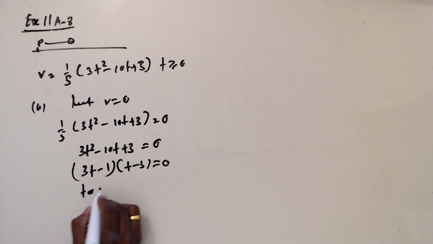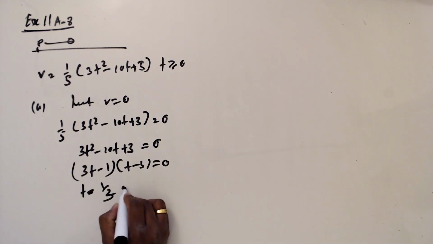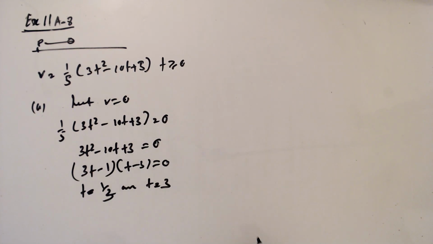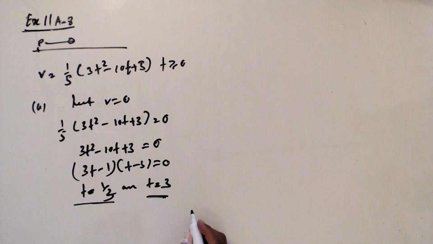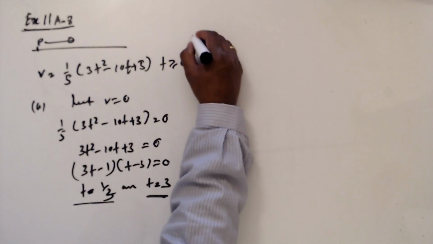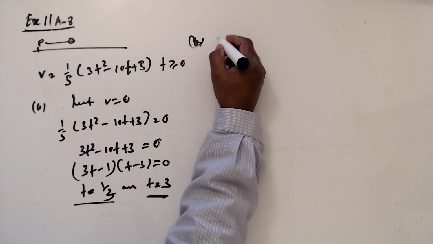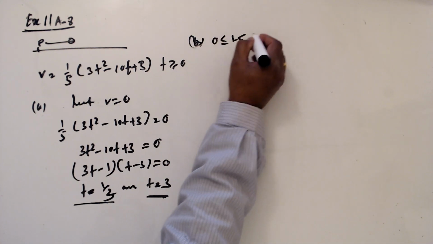So t equals 1 over 3 or t equals 3. So the particle is at instantaneous rest when t equals 1/3 and t equals 3. Part B, we need to determine the greatest speed during this interval.